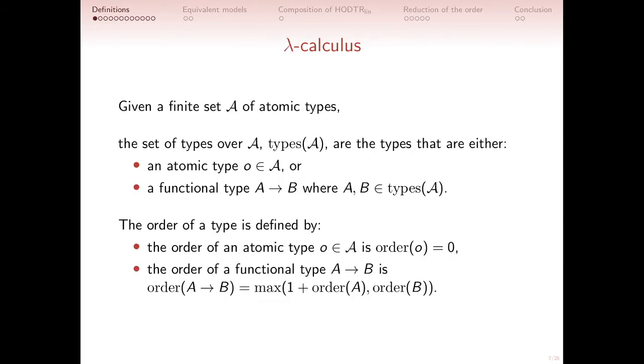Then I will introduce a few things before I can get to our new models of linear and almost linear transducers. First, I will go over some lambda calculus notions. We use simply typed lambda calculus, so we have atomic types and functional types built on atomic types.